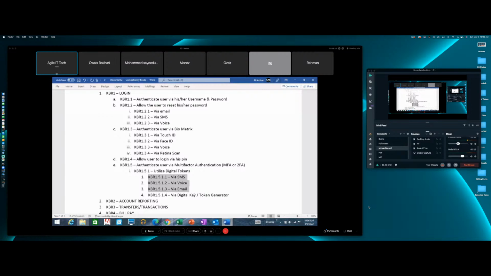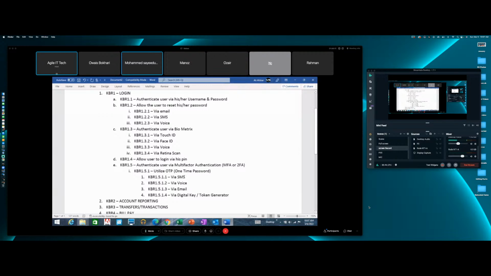So typically, we should be saying that the first three mechanisms are called reverse OTP. You know what OTP stands for? One-time password, correct. So this is an OTP method, one-time password, right?